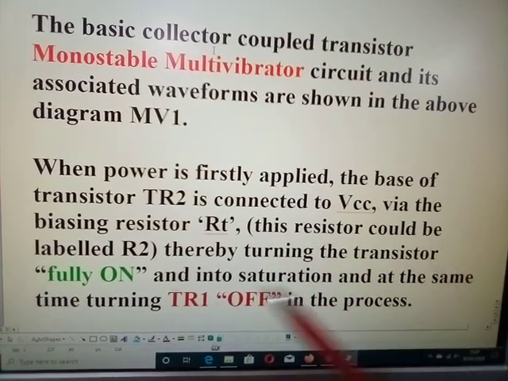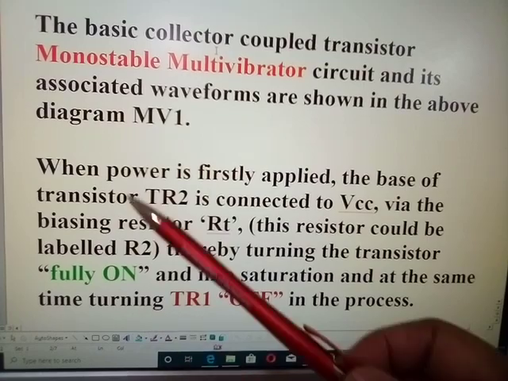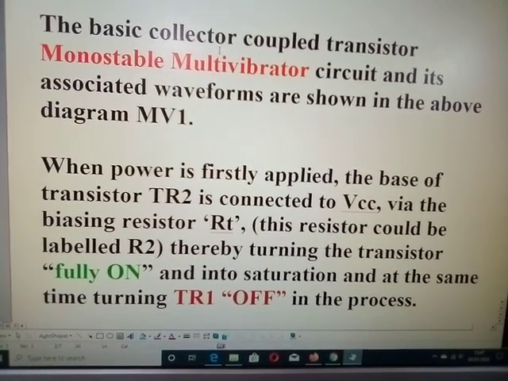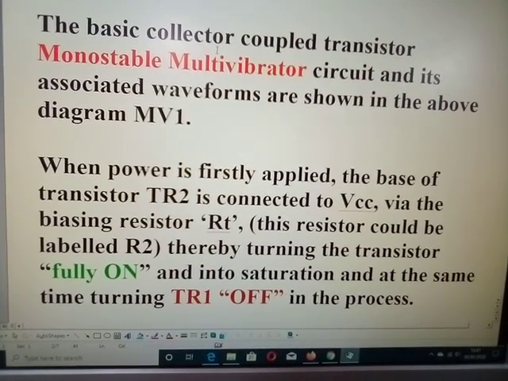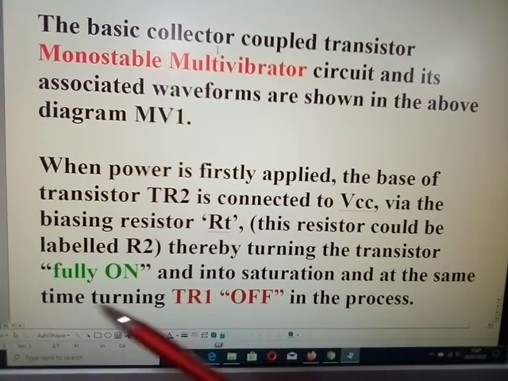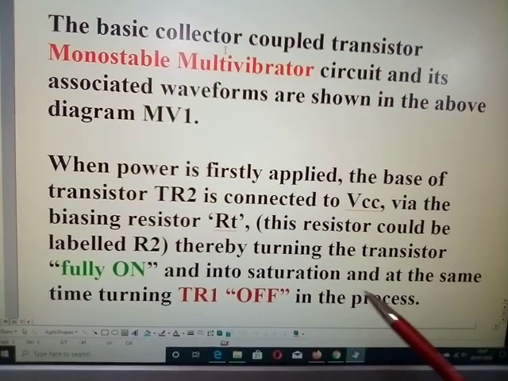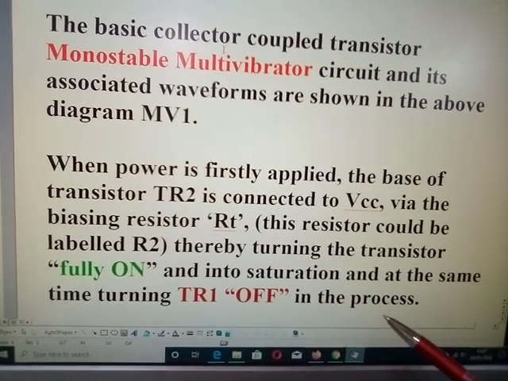This resistor could be labeled R2, as I mentioned earlier, but it's not. It's RT, so treat it as RT. It was just my fault that it could have been better explained, but we'll run it as it is, thereby turning the transistor fully on and into saturation, and at the same time turning TR1 off in the process.